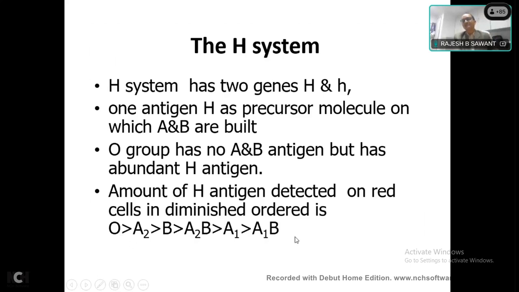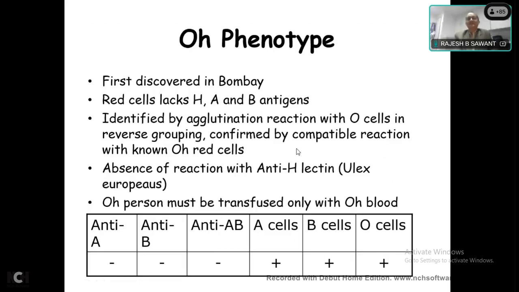Okay, so we have to remember this, especially in this era when we go for solid organ transplants and other things. So the blood group of the donor and the recipient is very, very important, right? So an O group individual as a donor can be challenging because he will have a lot of H substance, whereas the best donor would be the A1B group actually, right?